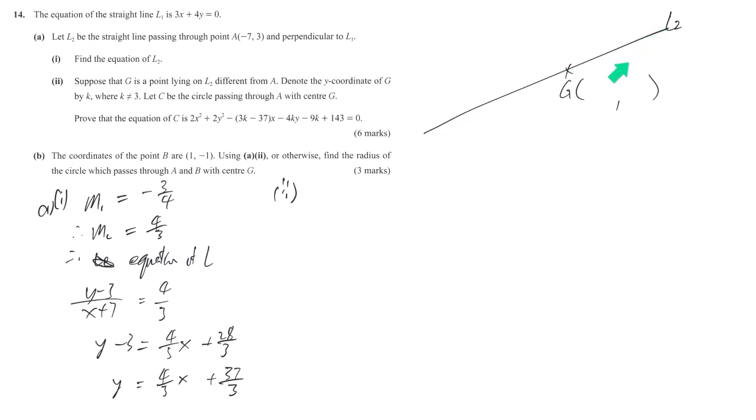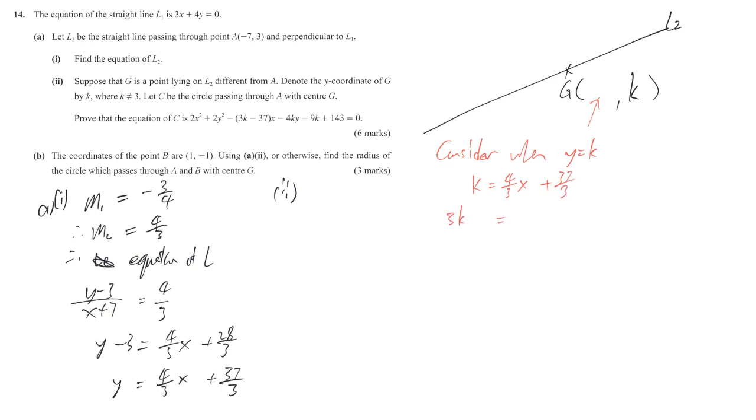Okay? After that, they say G's y coordinate, now we know this one is k. We let it be k. In order to find out what this is, we consider when y is equal to k, k is equal to 4 over 3 x plus 37 over 3.